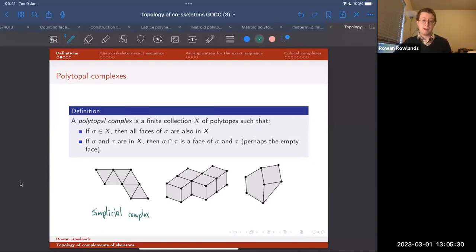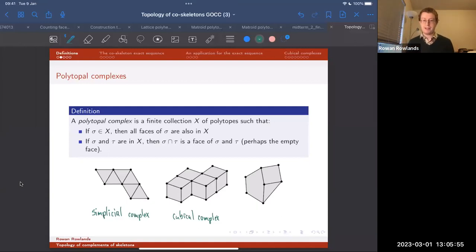There is another family of polytopal complexes that I am personally much more interested in, though, which is called a cubical complex. As you might guess from the name, a cubical complex is a polytopal complex where every face is a cube. When I say cube, I mean a cube of any dimension, so this includes line segments, squares and 5-dimensional hypercubes.